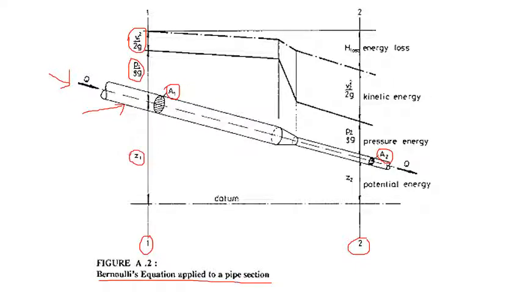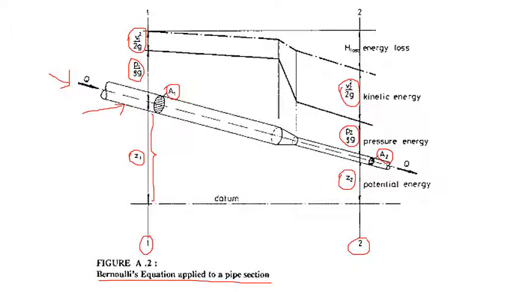Potential head depends on the height of the liquid surface or liquid column. If we consider section 2, the pressure head is P2 by rho g, the kinetic head is V2 square by 2g, and the potential head is Z2.